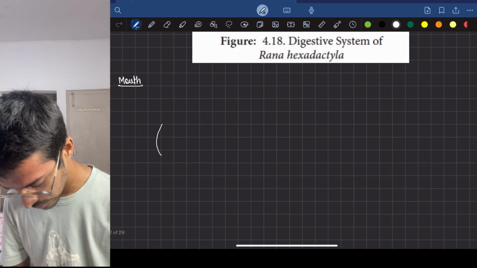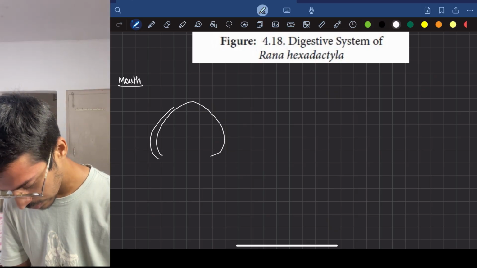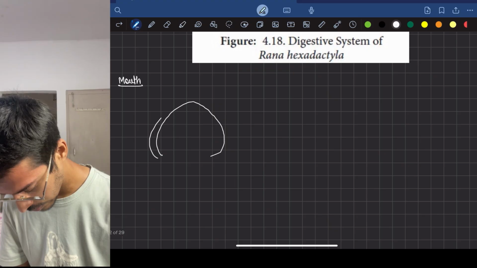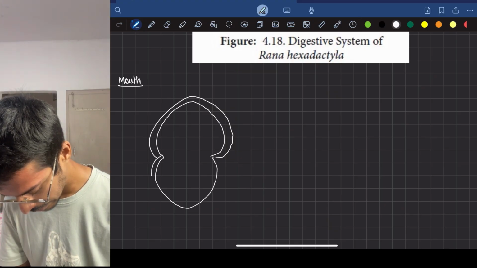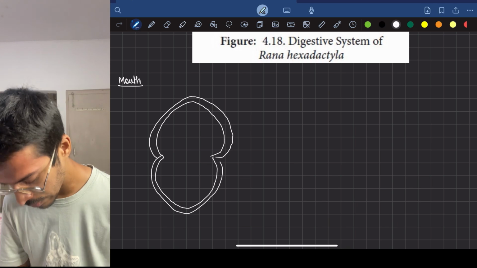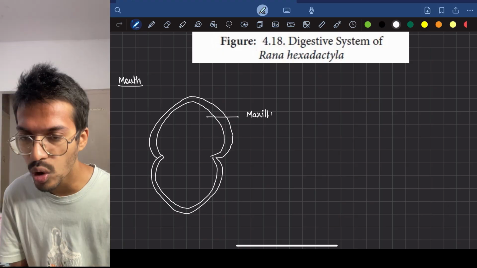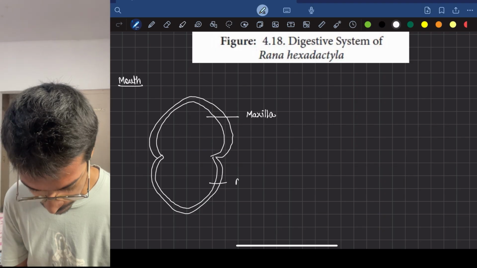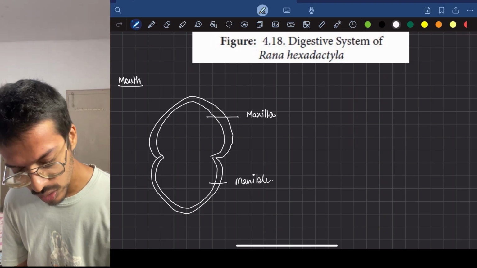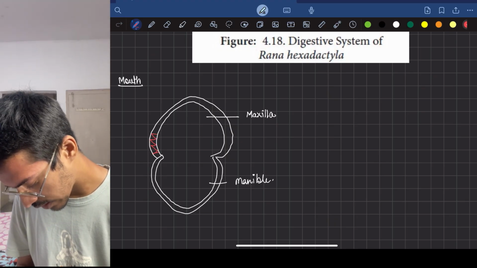Okay, so this upper part is the maxilla, and this is the mandible. Now in the upper jaw area only, your teeth are present.